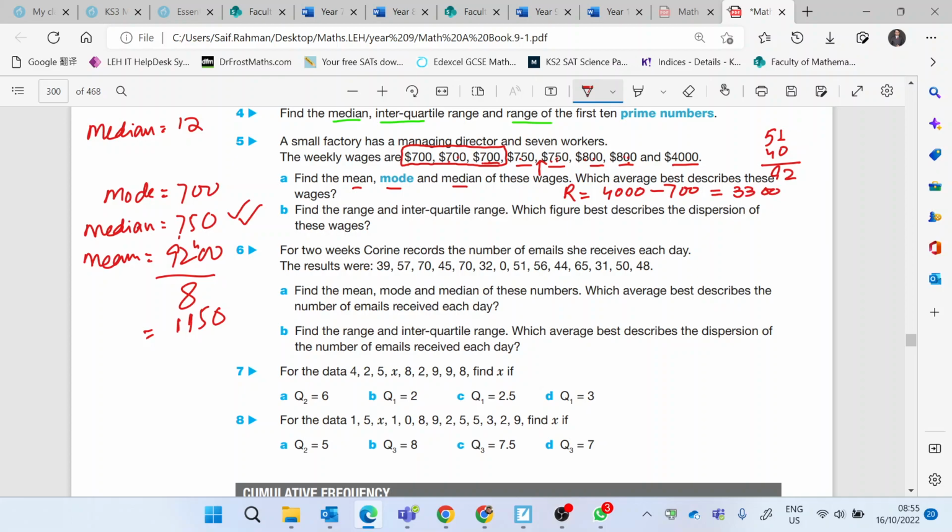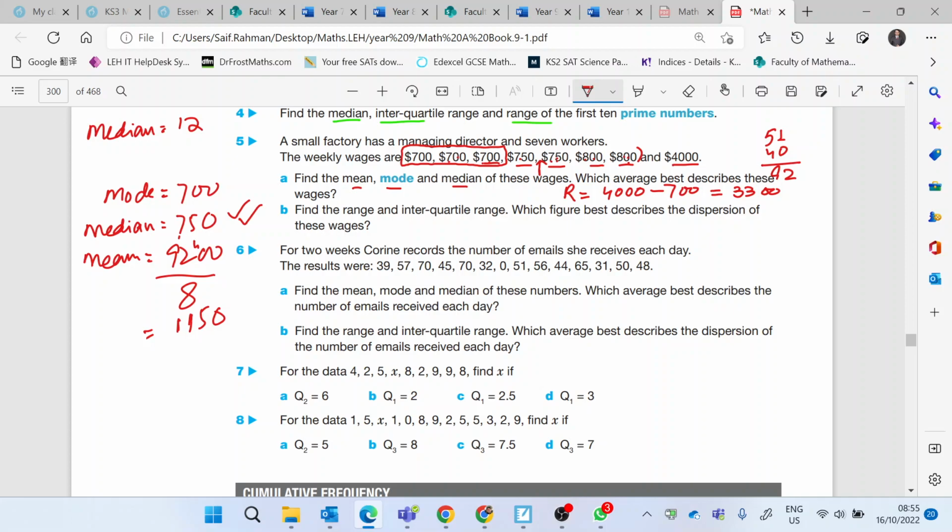So the range is not a good explanation because the spread is too long. 3,300 is a lot of spread, whereas the majority of the people are between 700 and 800. So the range is not a very good expression.